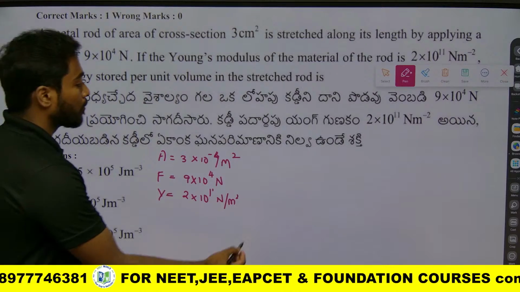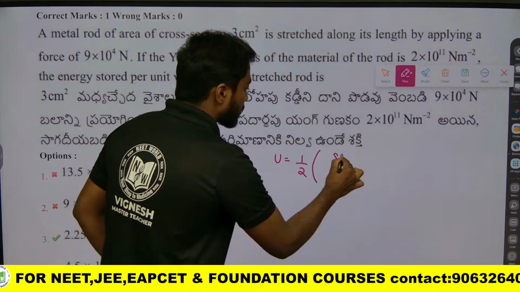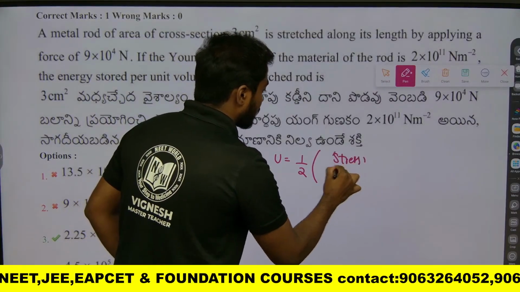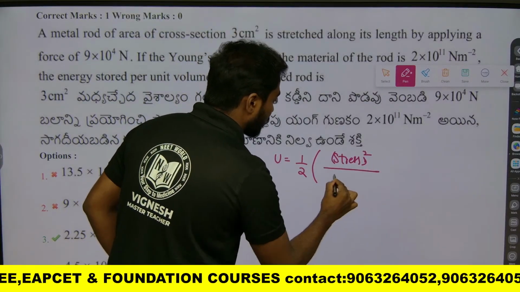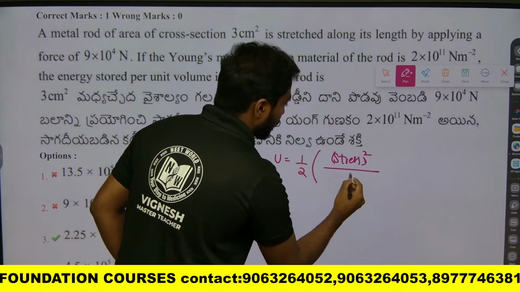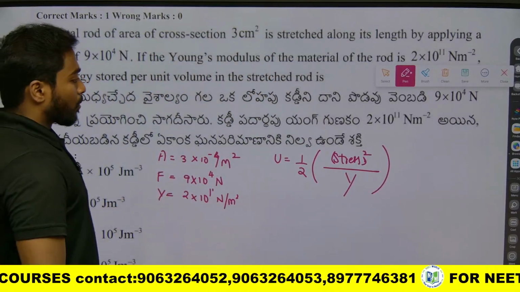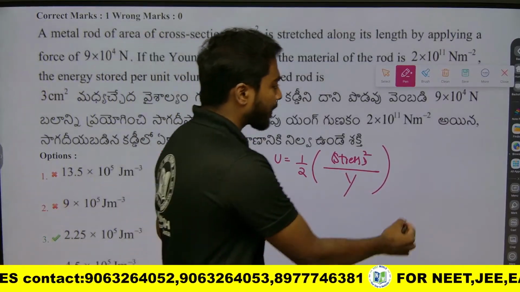We know the direct formula: U equals half into stress square by Young's modulus Y. What is stress? Stress is force by area, right?